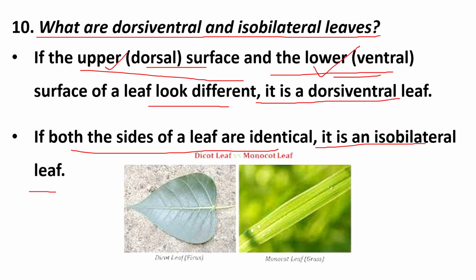In an isobilateral leaf, both the sides are the same. So that's question number 10, dorsiventral and isobilateral leaves.